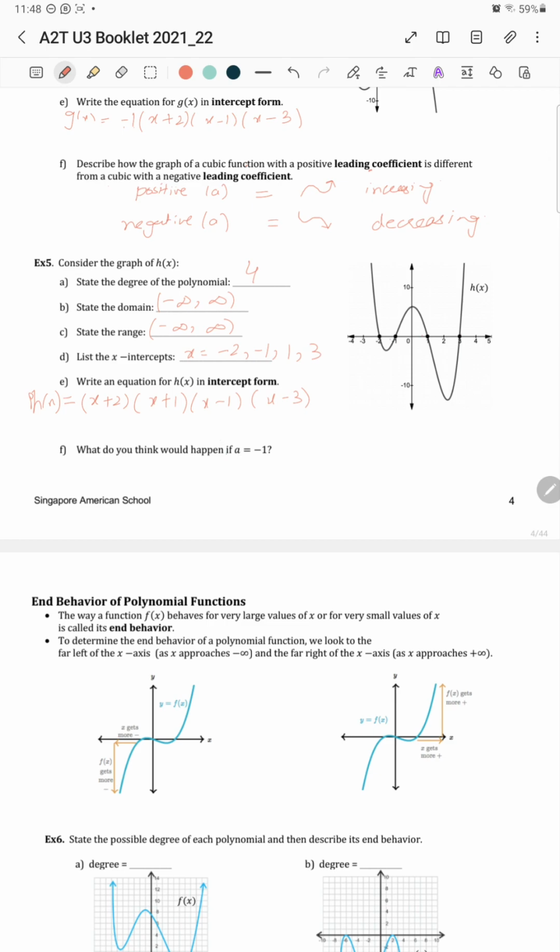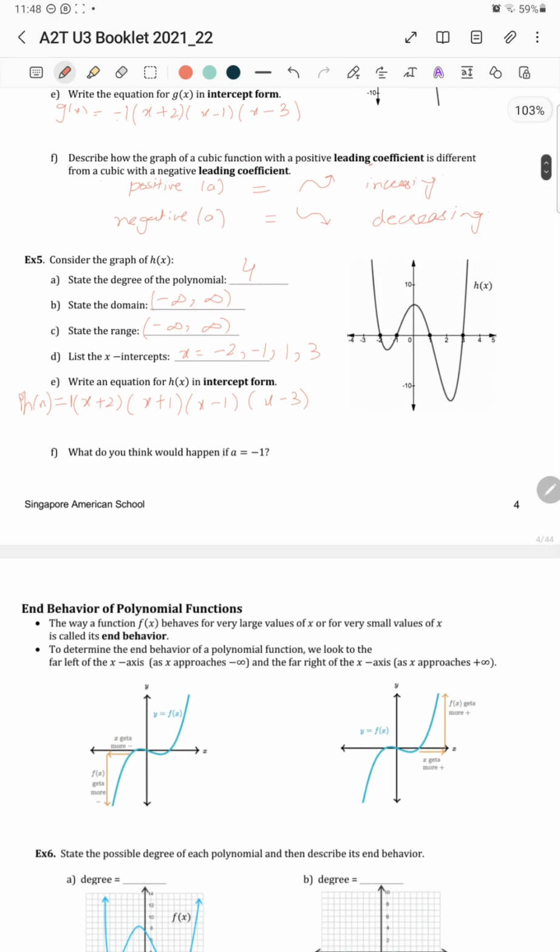What do you think would happen if a is equal to -1? So here a is +1, so a of -1 reflects over the x-axis.